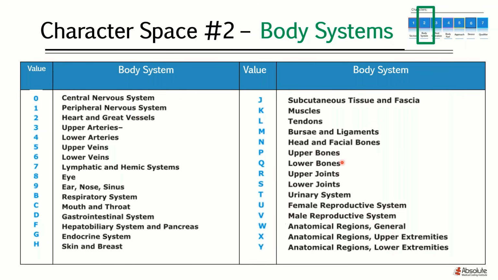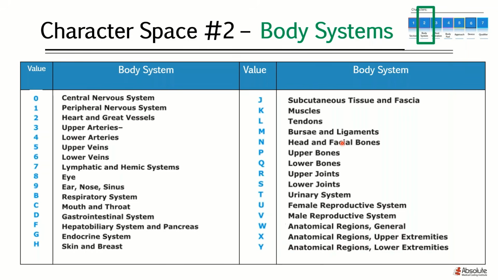Q, lower bones. R, upper joints. S, lower joints. T, urinary system. U, female reproductive system. V, male reproductive system. W, anatomical regions, general. X, anatomical regions, upper extremities, and Y, anatomical regions, lower extremities.